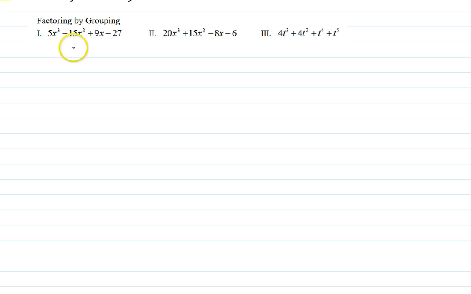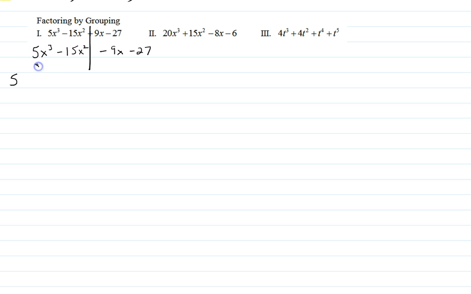Okay, so now we're going to factor by grouping. First thing is make sure it's in standard form, so it goes 3, 2, 1, none. Once it's in standard form, you can cut it in half. And here we have 5x cubed minus 15x squared minus 9x minus 27. And so 5 goes into both of them, so you can take a 5 out.